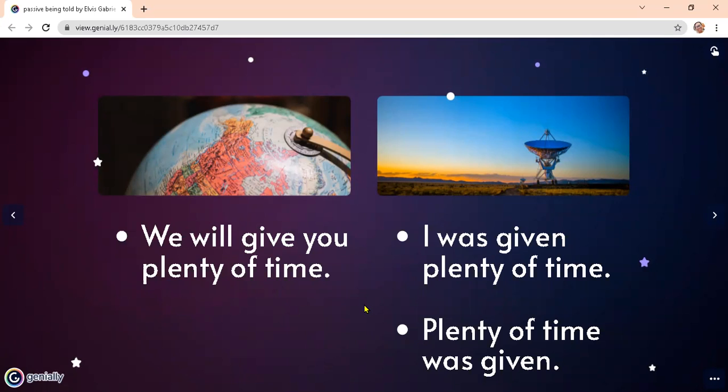Notice how in all these sentences, the original sentence, the active sentence, has two objects. The object you and the object plenty. So you can create two separate passive voice sentences.